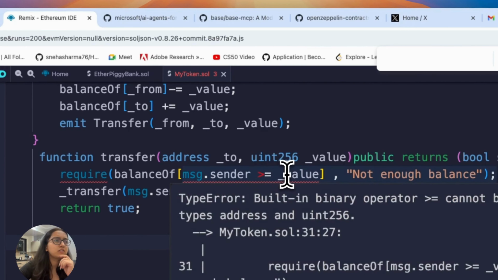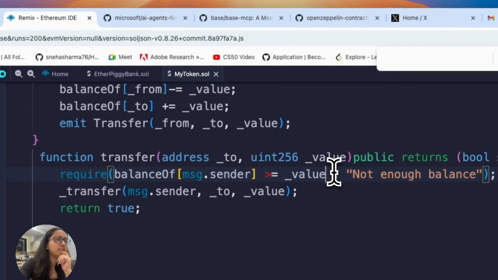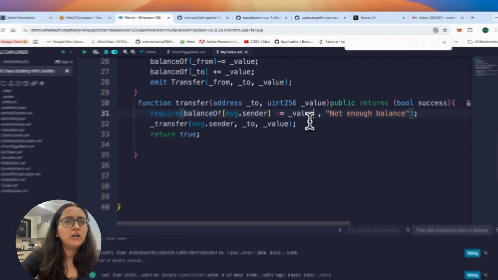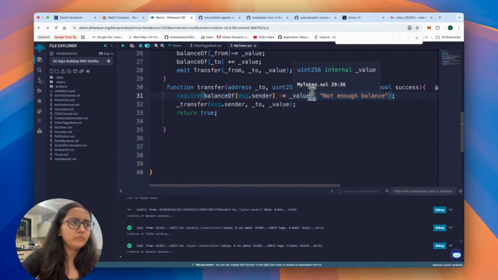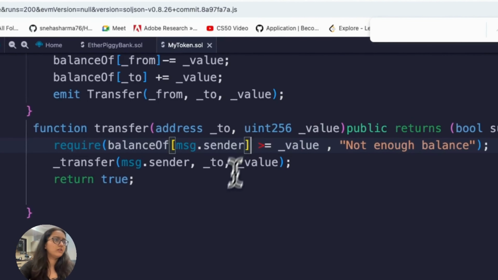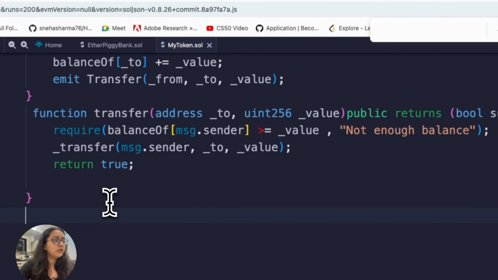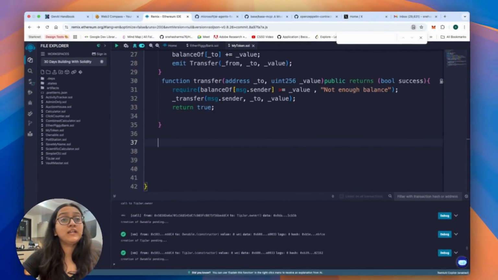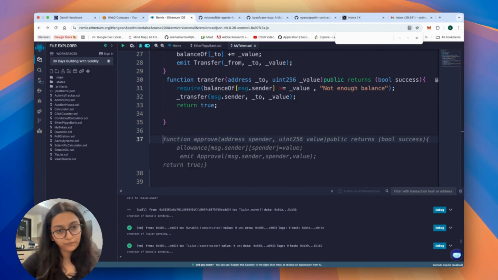We can just say message.sender. I don't need it here, right? This is wrong. Balance of message.sender greater than or equal to value. Yeah, now this is right. I had an extra square bracket at the wrong place. Okay, now let's write the transferFrom function.